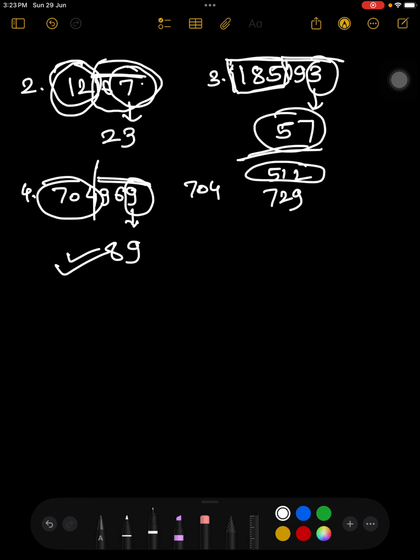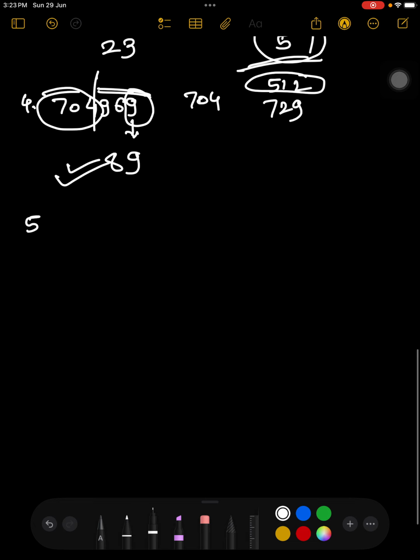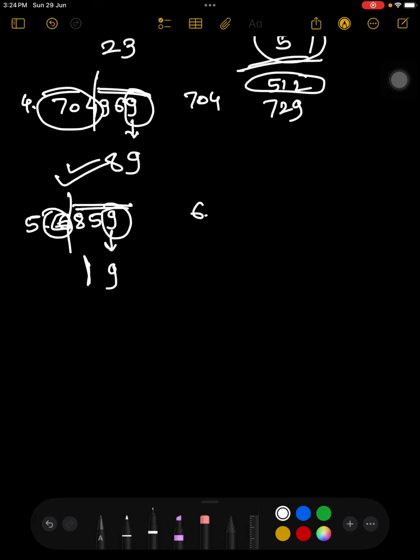Now let's take the next example, 6859. The last digit is 9, so just write down 9. Remove the last 3 digits. 6 remains. And what will be subtracted from 6? The cube of 1. So the answer is 19. Let's take the next example, 9261. What is the last digit? It is 1. Just write down 1.